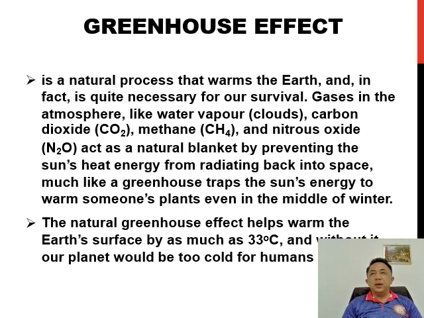So if the excess heat will not dissipate outside, then our condition will get worse, because sooner or later we will feel as if we are already inside an oven. Okay, so the earth's surface is already as much as 33 degrees Celsius in temperature.